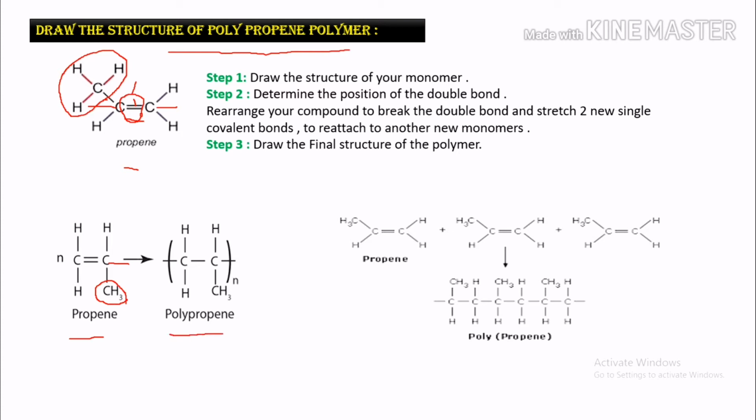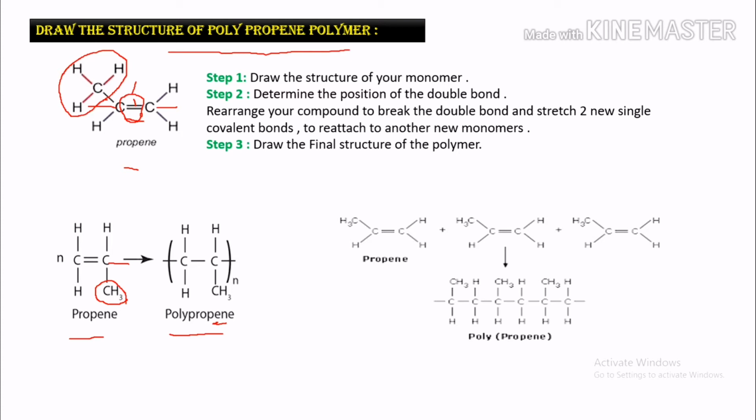So we have the structure of our new polypropene. Take care, it is propene, not propane. Also, polymerization converts our monomers into polymers, converts unsaturated compounds into saturated compounds, but our new polymer is known as polypropene, not polypropane.